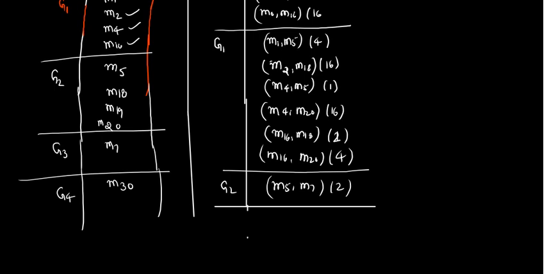So what have we not taken care of till now? M5 we have taken care of, M18 we have taken care of, M19 no, we have not taken care of M19 anywhere. Correct? M19 and M20 have the same number of ones? Yes.